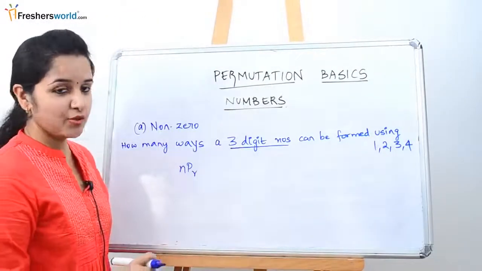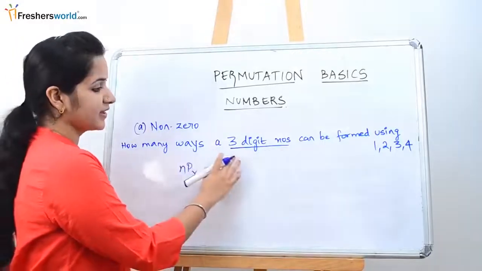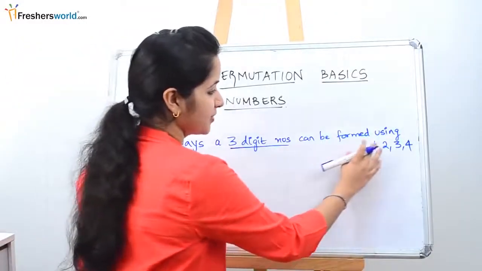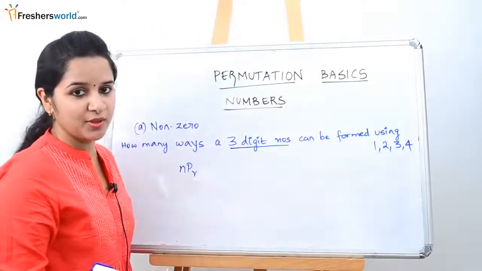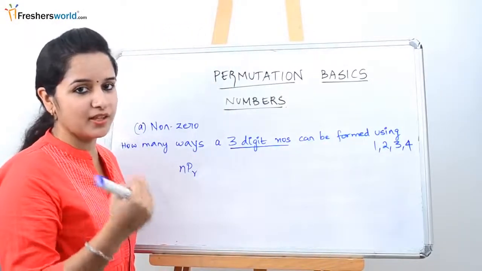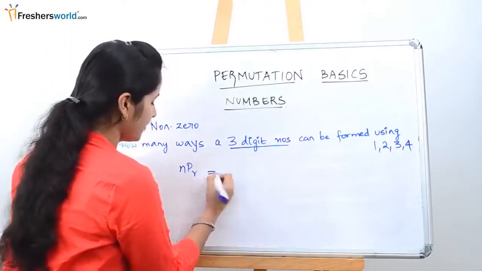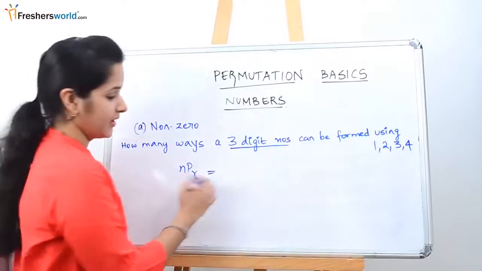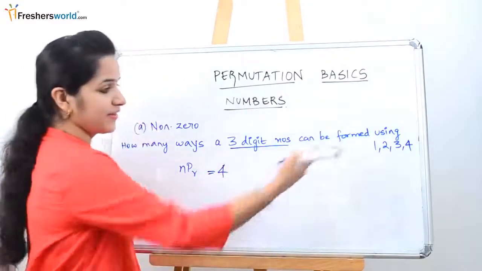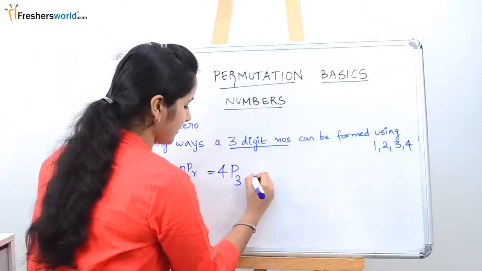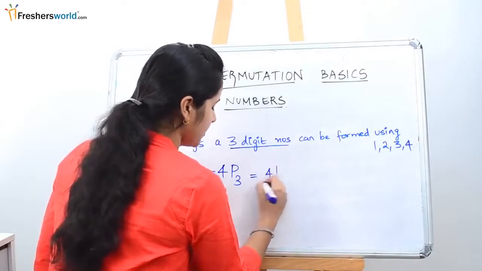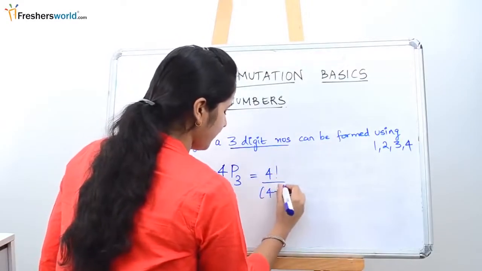The question that we are going to deal with is: how many ways can a 3-digit number be formed using 1, 2, 3, 4? They have given 4 numbers to us in the question and they are asking us to form a 3-digit number. So we know the formula is nPr. 4 digits are given and we need to form a 3-digit number, so 4P3, which is 4 factorial divided by (4 minus 3) factorial.